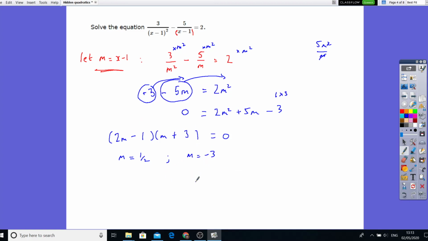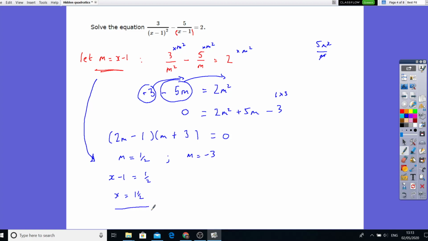Now we still haven't solved this. We solved for m, but we haven't solved for x. So what do we do? Yeah, you guessed it right. Let's put the x back in. So that tells me that x minus 1 is going to give me a half. Take the minus 1 to the other side, so that gives me x is going to equal 1 plus a half, which is 1 and a half.